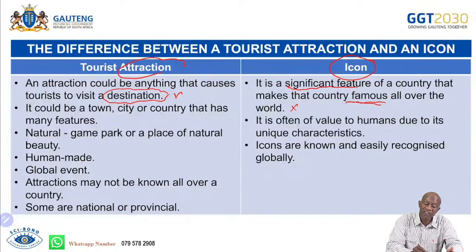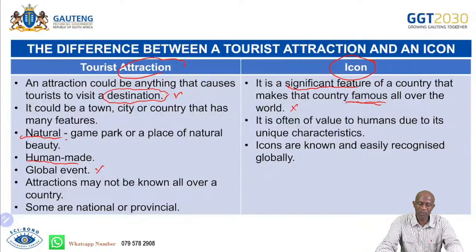So we can have natural and man-made attractions. A global event also can be classified as an attraction. Global events such as the FIFA Soccer World Cup and the Olympic Games are examples, and they are also regarded as attractions because they attract different tourists from all places around the world.